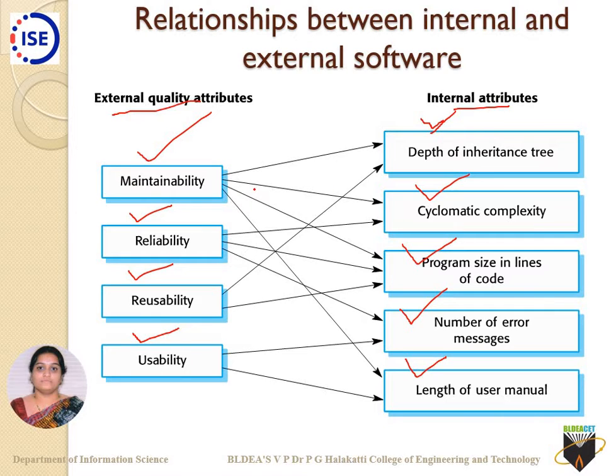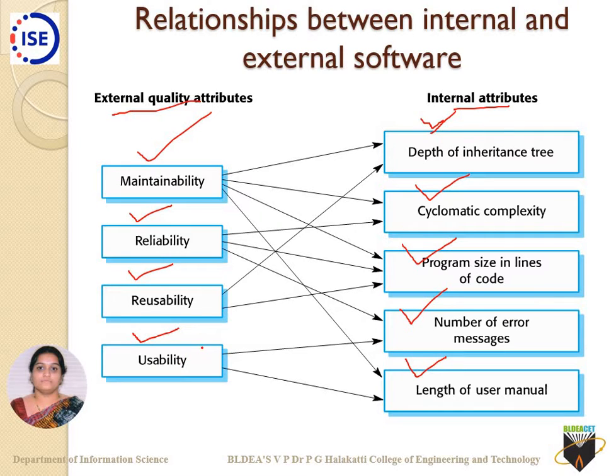Now the external attributes. Maintainability is how well I am maintaining the product, so it leads to depth of inheritance tree, cyclomatic complexity, and length of the user manual. Reliability has a relationship with cyclomatic complexity, or it can be program size in lines of code, or the number of error messages dealt with. Reusability depends on how much depth of inheritance I have, so that I can reuse things properly, or on program size in lines of code.